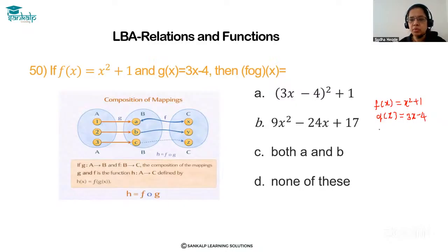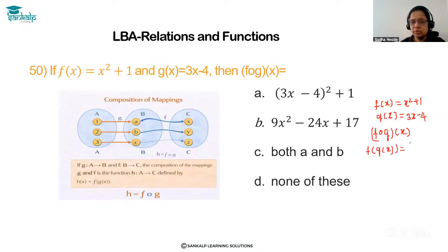Okay. You need to find f composition g of x. So that is f of g of x.